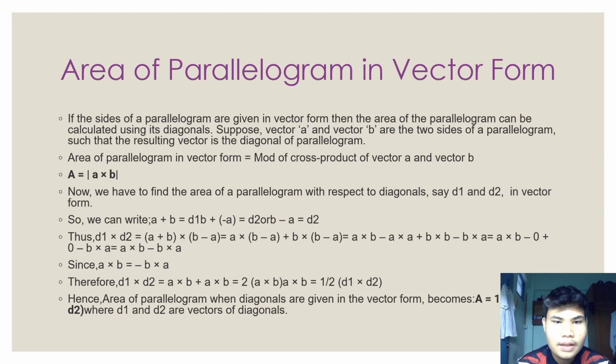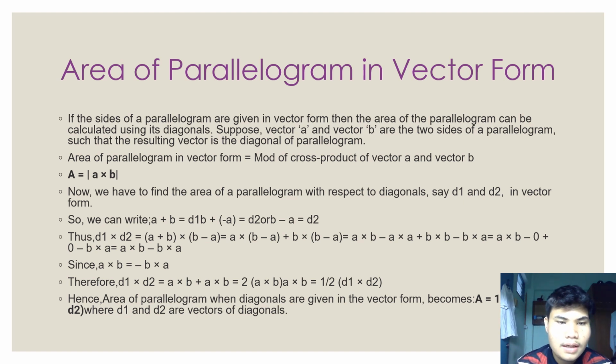Now we have to find the area of the parallelogram with respect to diagonals, say D1 and D2, in vector form. So we can write A plus B equals D1 and B minus A equals D2.